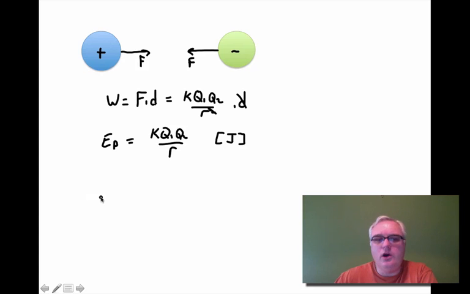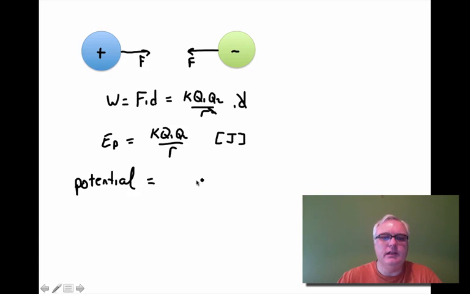Now, what's more common than potential energy is the electric potential. And the electric potential is the electric energy per unit charge. Okay, so potential equals energy per unit charge.